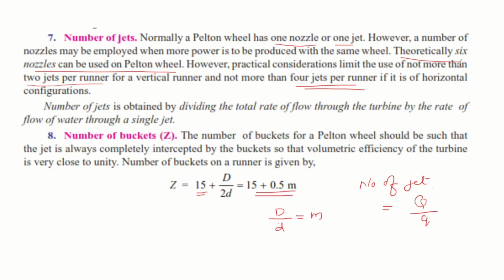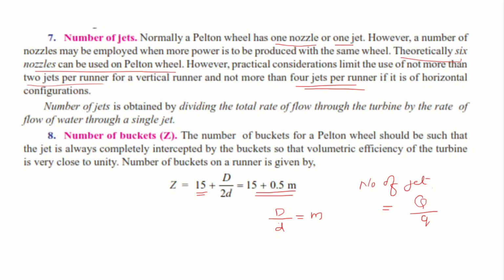The important point is that if we supply water from a nozzle, the entire water should strike the buckets. That is the basic principle here. Then only can we keep the volumetric efficiency high. We know that volumetric efficiency is actual discharge by theoretical discharge.